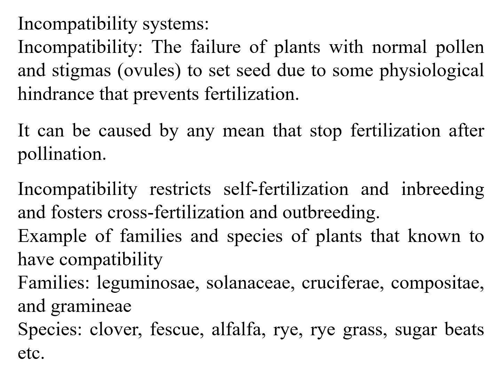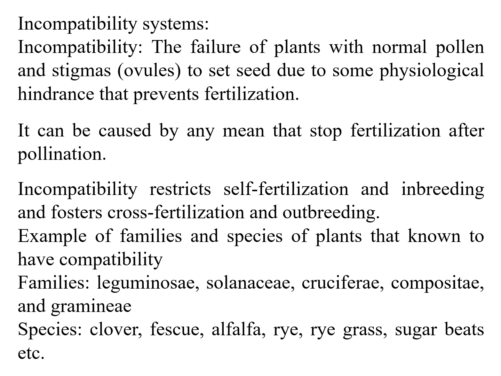It can be caused by any means that can stop fertilization after pollination, because we produce normal pollens and ovules, but something restricts self-fertilization or inbreeding, and in this case we are pushed to go to outbreeding and cross-fertilization.